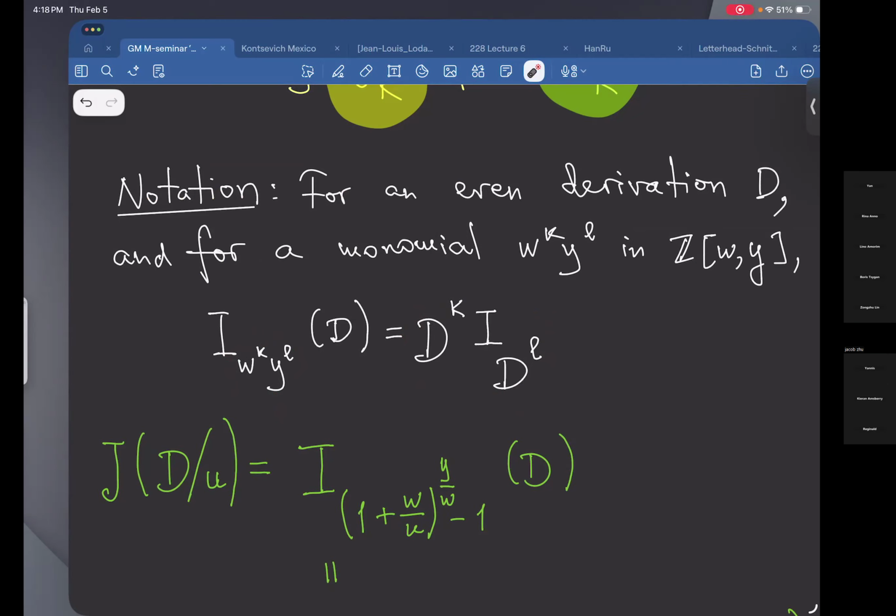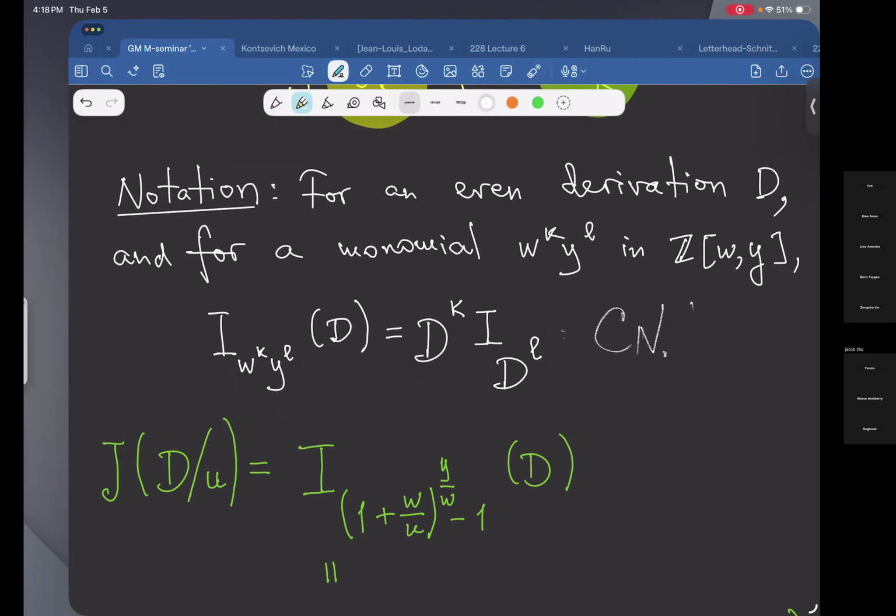It's a perfectly well-defined operator on the negative cyclic complex for every even derivation. Very good.